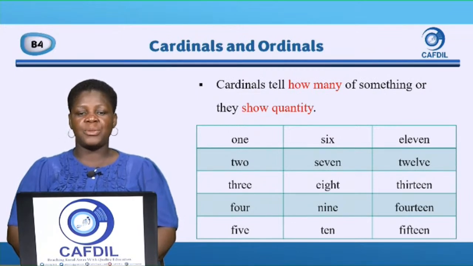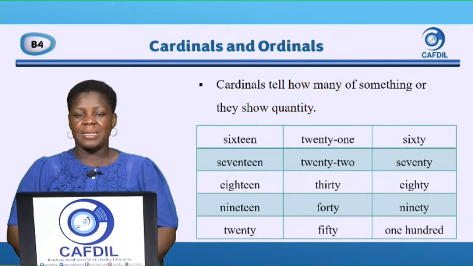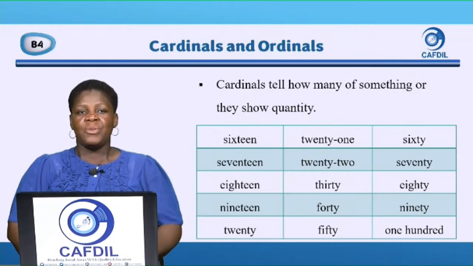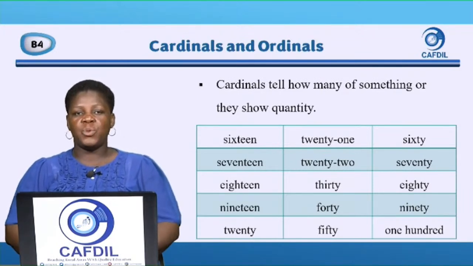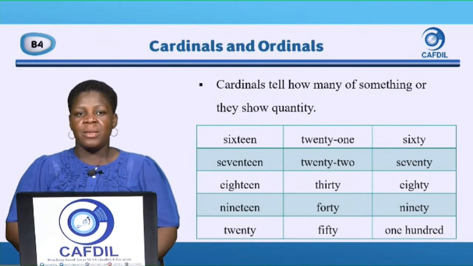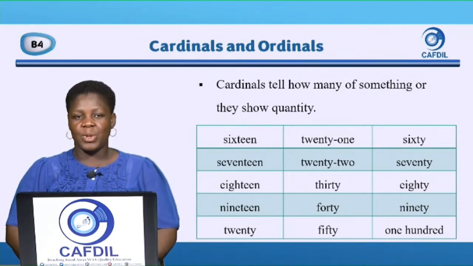Now when you count 1 to 10, you continue from 11, 12, 13, 14, 15, 16, 17, 18, 19, and 20. If you want to count on from 20, you add 1, and it will give you 21. If you want to move to the next number, you add 2 to the 20, and you get 22, in that order. So you get to 29, and then you move to 30.